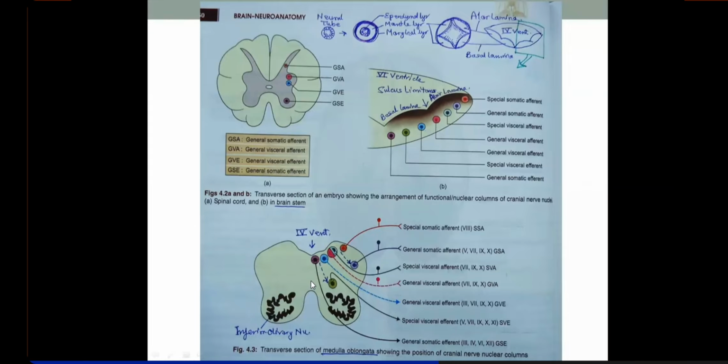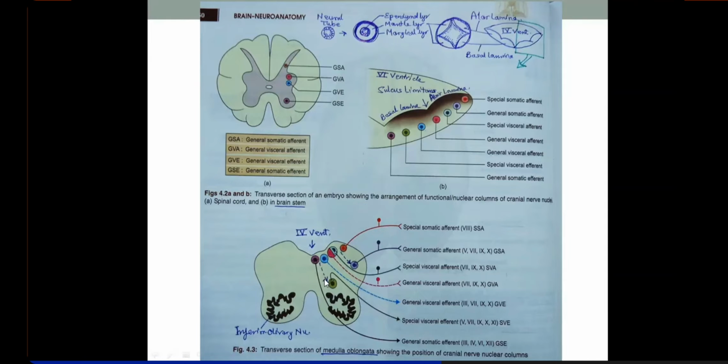Then which was the functional column lateral to general somatic efferent? It was special visceral efferent, right? Special visceral efferent supplies the skeletal muscles derived from the branchial apparatus. That was the next column. One more thing you are seeing is that this functional column has descended down.